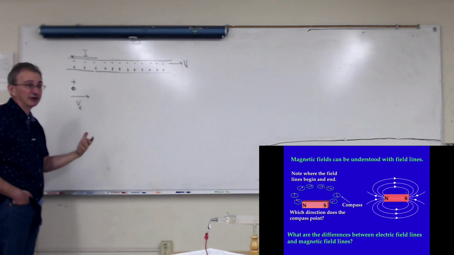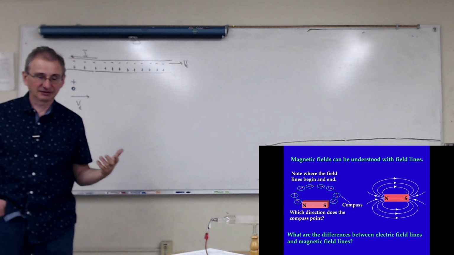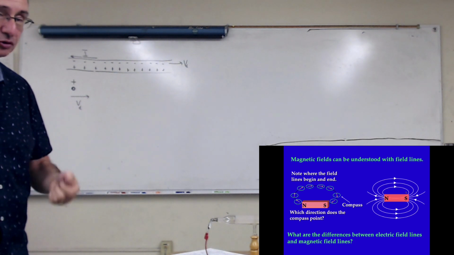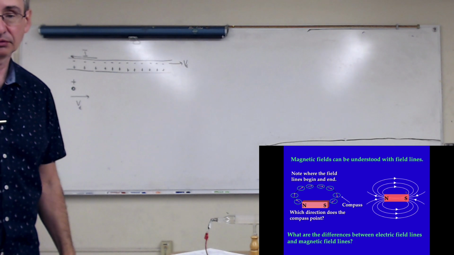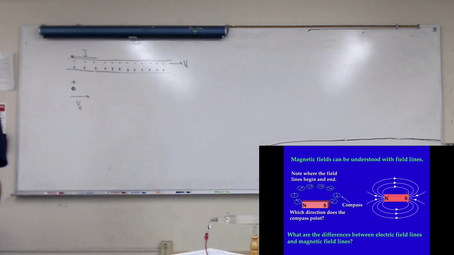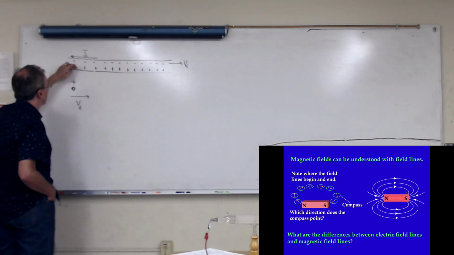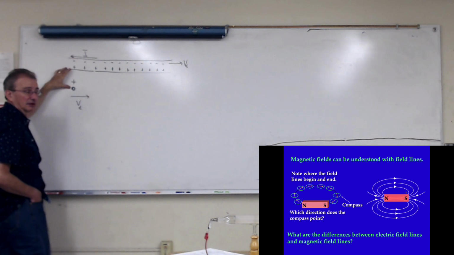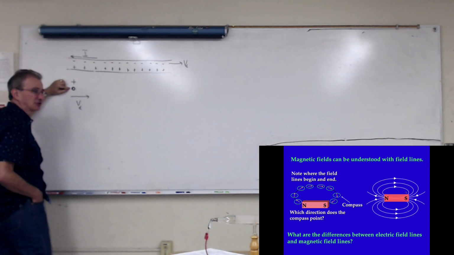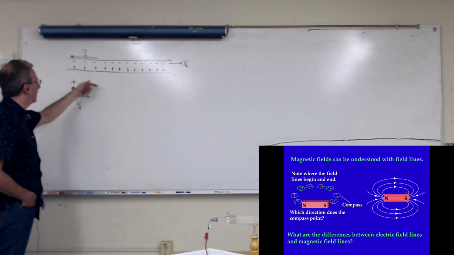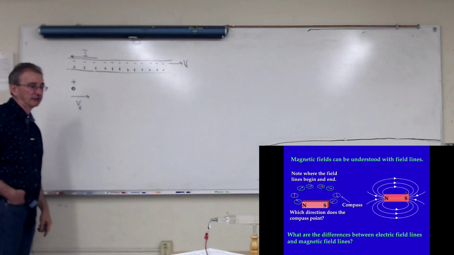Basically, magnetic fields are due to relative motion, because in the frame of the charged particle, these positive charges are stationary. And so the force it experiences is due to an electric field. But in my reference frame, where I'm watching this thing go by me, the force on it is due to a magnetic field.